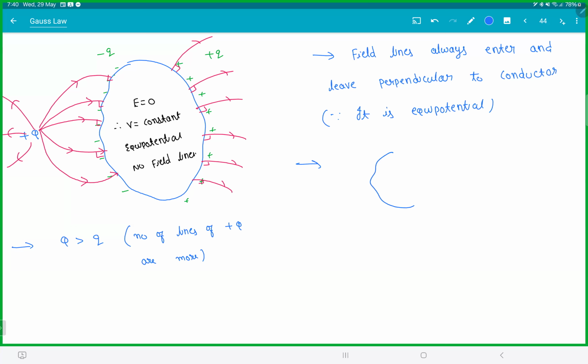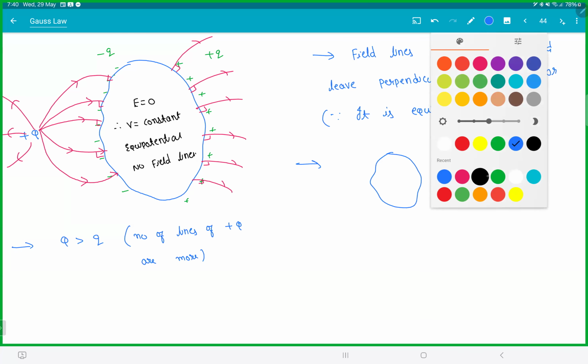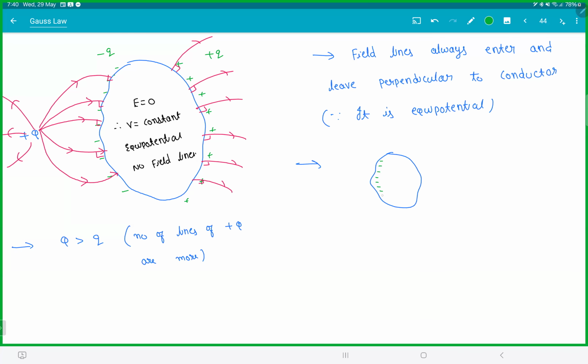Next thing. So when you took this negative and when you took this positive, these lines, this is not possible. You can't have a line like this.